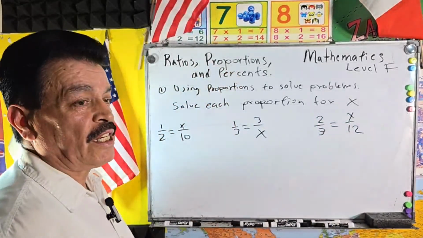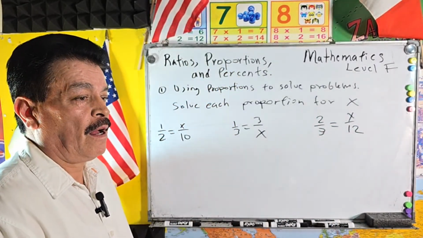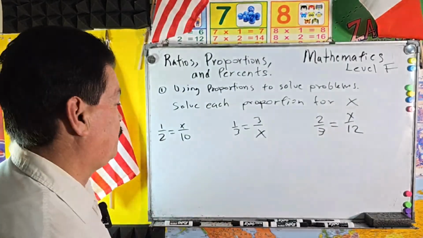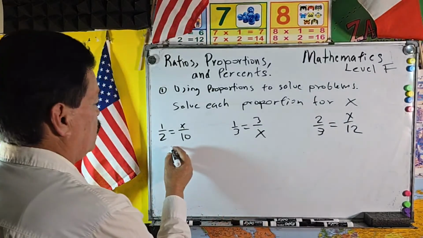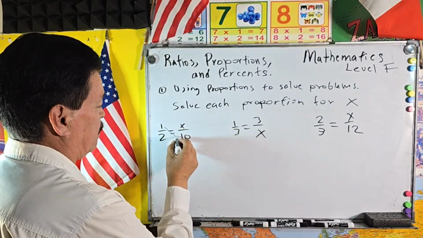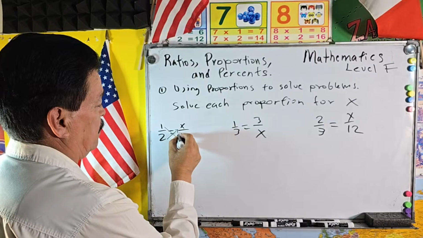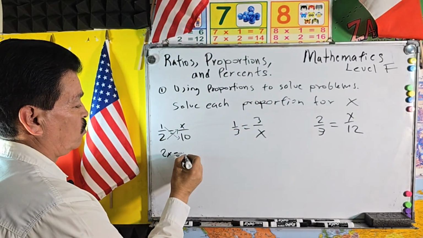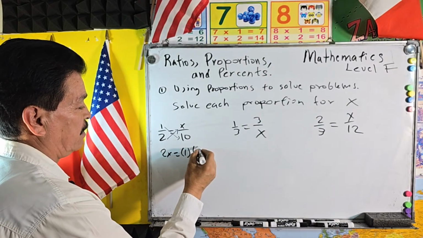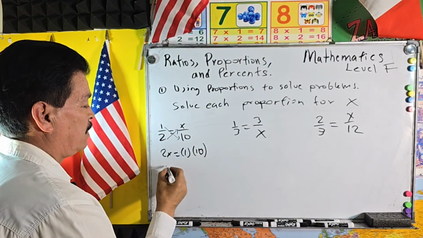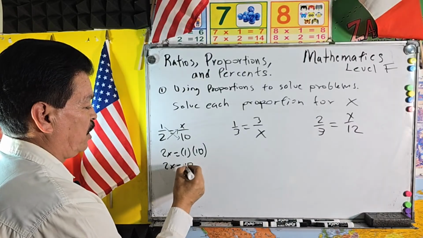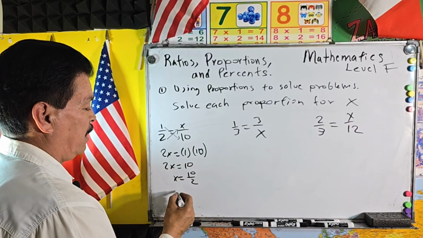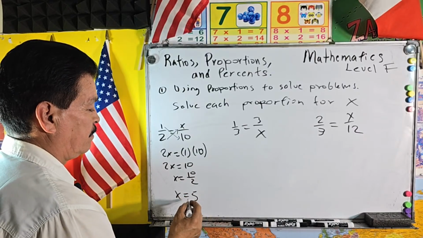Using a cross product, we must solve these problems. Very simple. For instance, 2x equals 1 times 10, right? 2x equals 10. x equals 10 divided by 2. x equals 5.